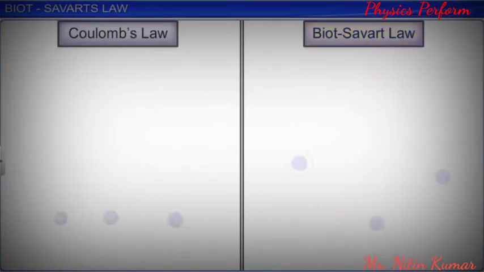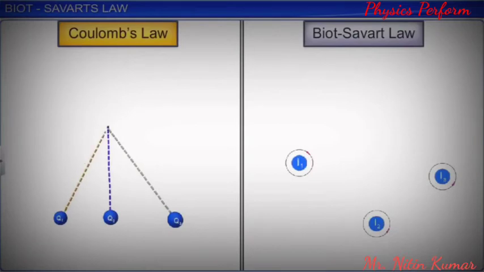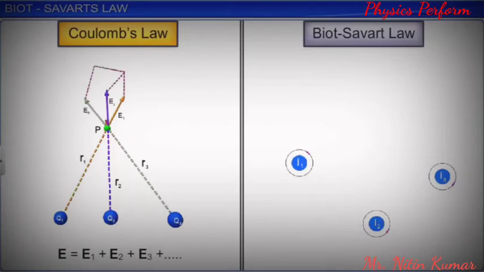For the electric field produced by a system of charges, the net electric field strength E is equal to the vectorial sum of the electric fields E1, E2, E3, and so on due to the individual charges, say Q1, Q2, Q3, and so on, by the superposition principle.